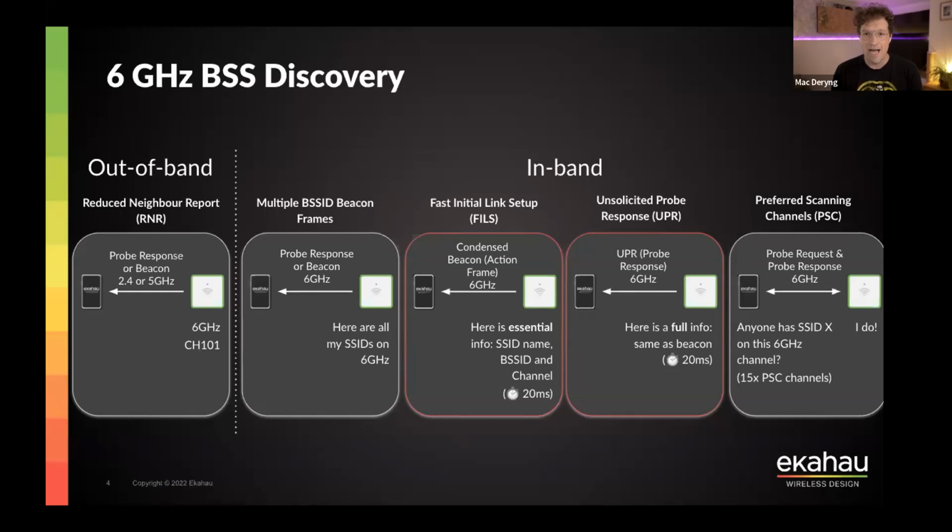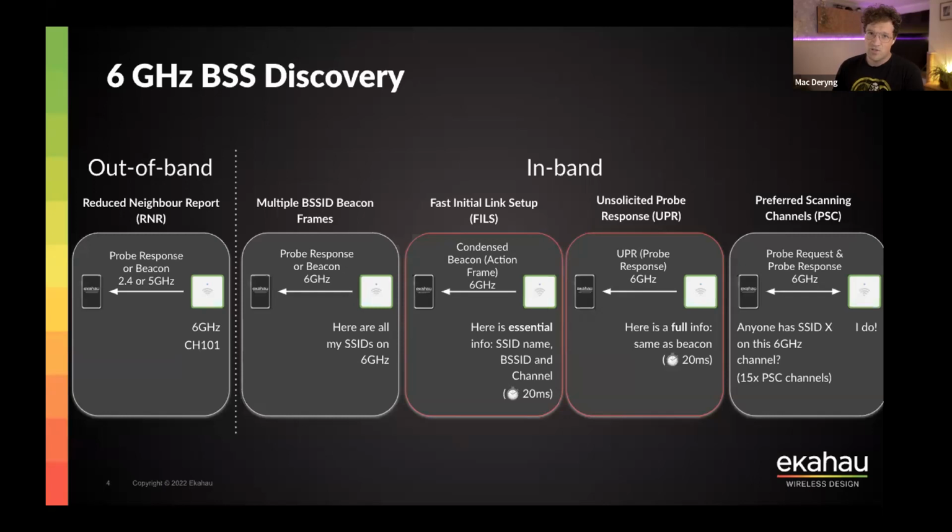The client could either wait for a beacon to discover what's happening on the channel it's listening to, or if it wanted the answer faster, it could send a probe request asking, hello, anyone out there? Then all the radios on the channel that hear the question will respond with a probe response saying, hello, I'm a radio on channel 36, I can do this and that. So everything was easy because everything was in band.